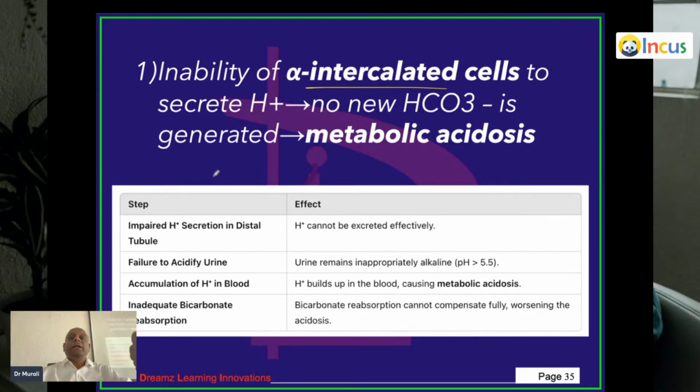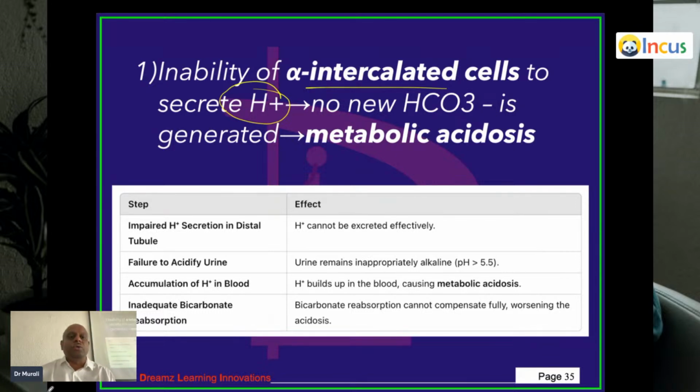Their function is to secrete the, sorry, not bicarb, H plus. They lose their ability to secrete the H plus. That leads to metabolic acidosis, is what you need to remember.